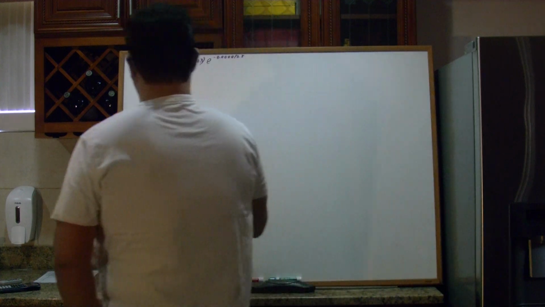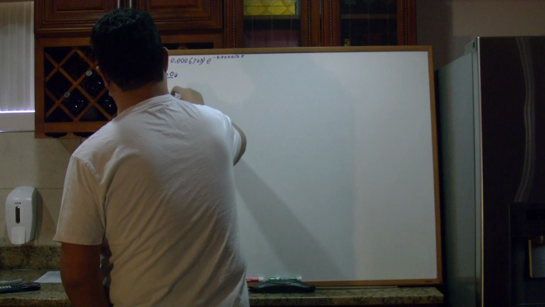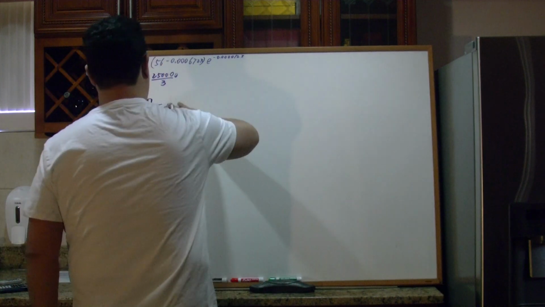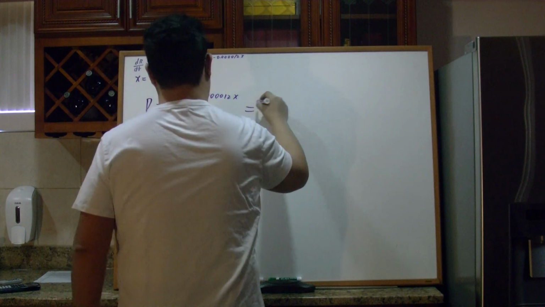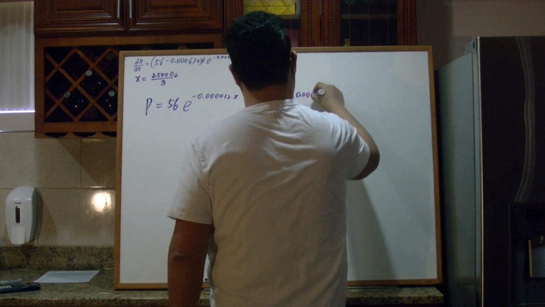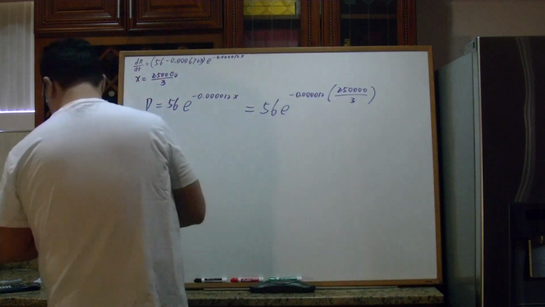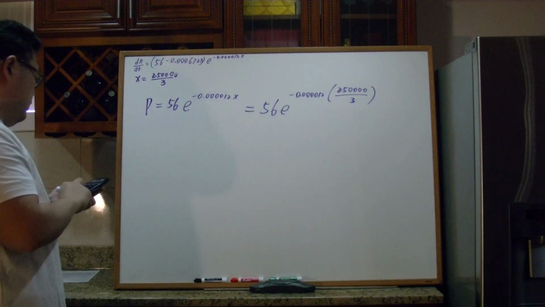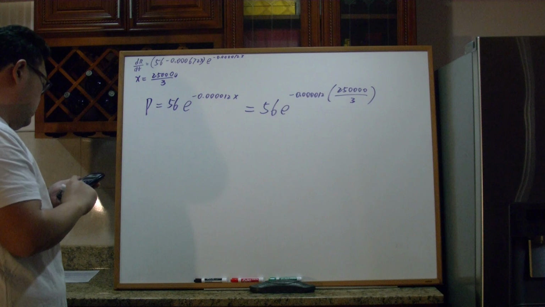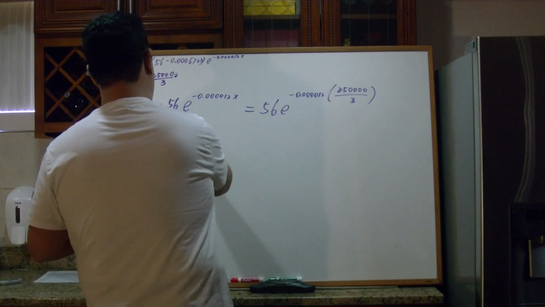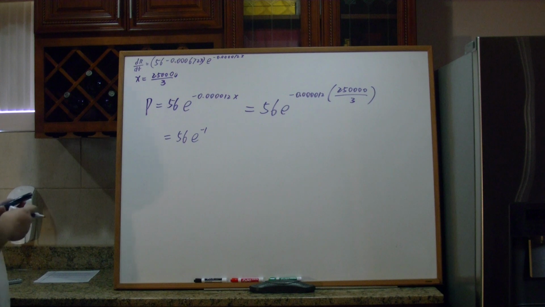And regardless of what is realistic, the price in this case is 56 e to the negative 0.000012x, with x equal to 25,000 divided by 3. We got a negative 1 in the exponent here.